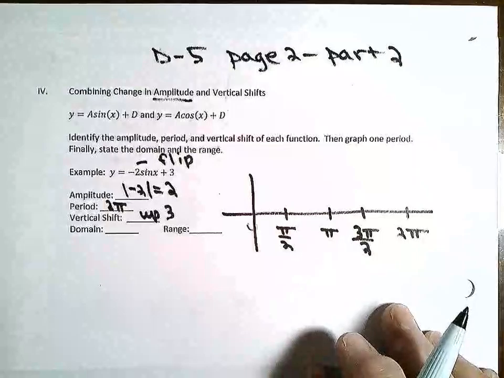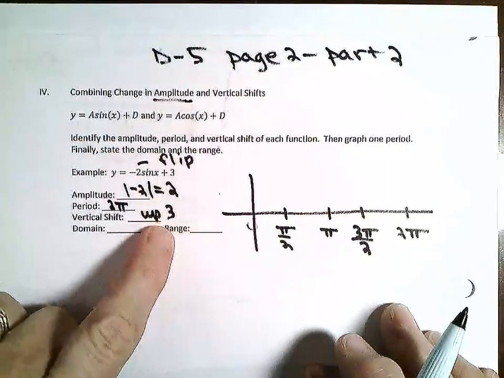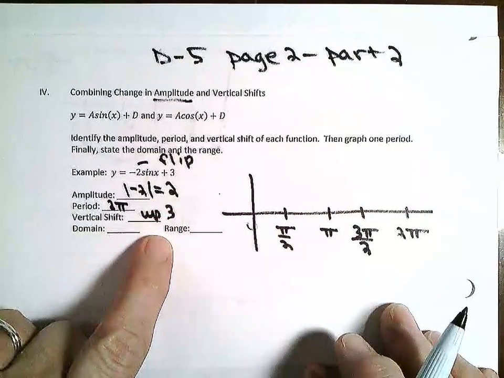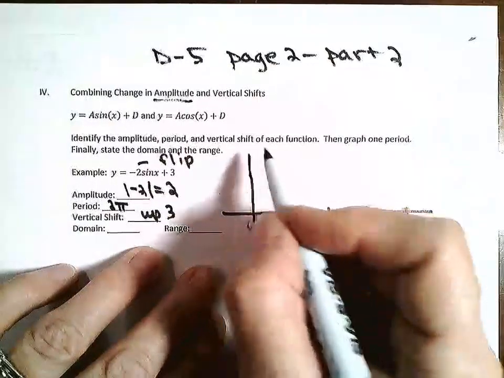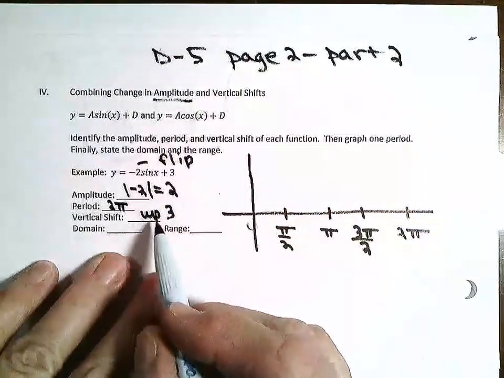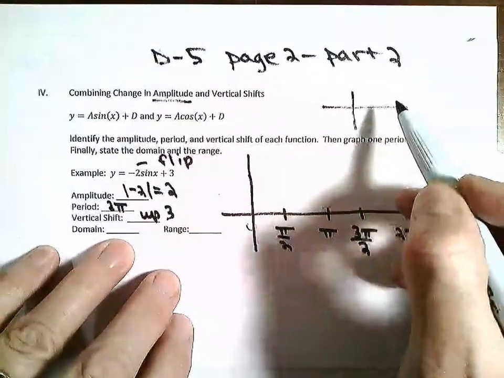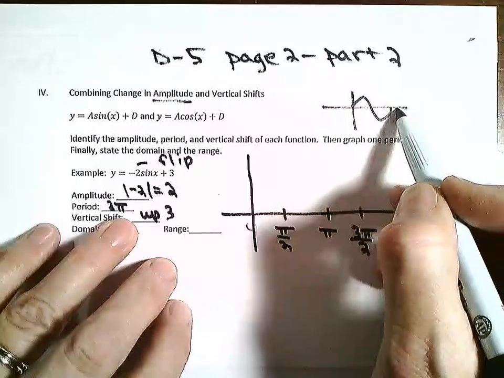All right, but now we're concerned about this vertical shift up 3 and then the change in amplitude. So what I recommend that you do for this is start out with changing where that principal axis is going to be. So remember again that when you're doing a sine graph, the principal axis usually is the x-axis.